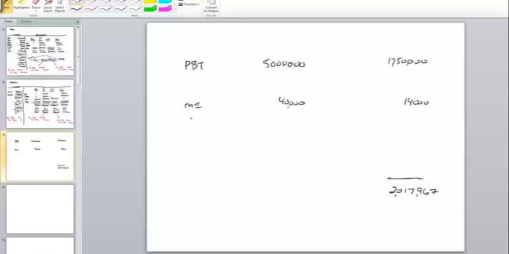And there's a penalty of $50,000. So that at 35% is $17,500. And we know that we had a federal credit of $47,500.